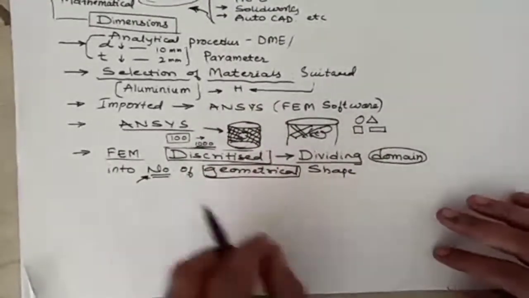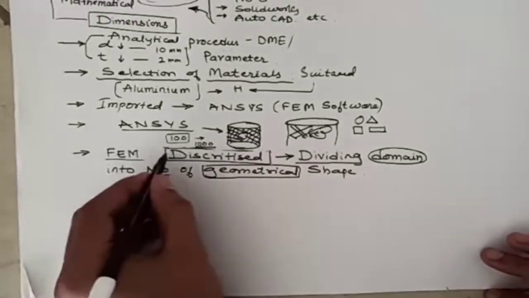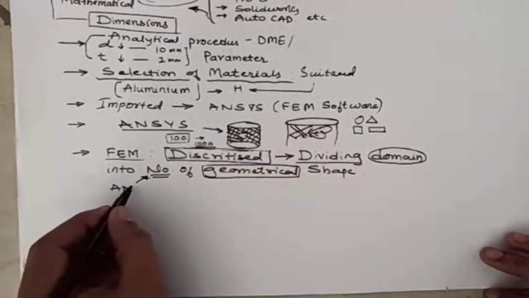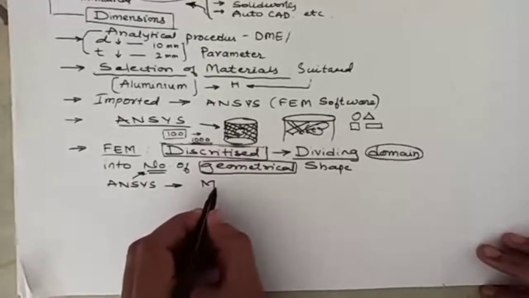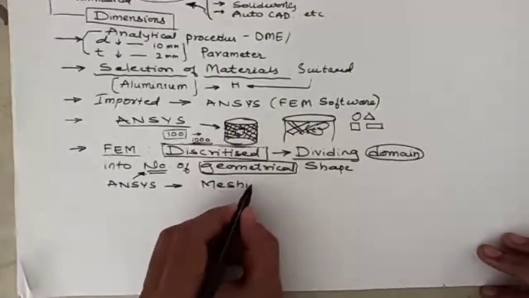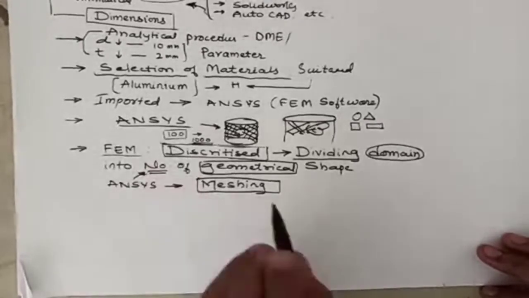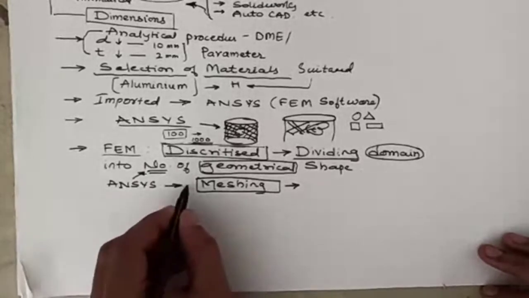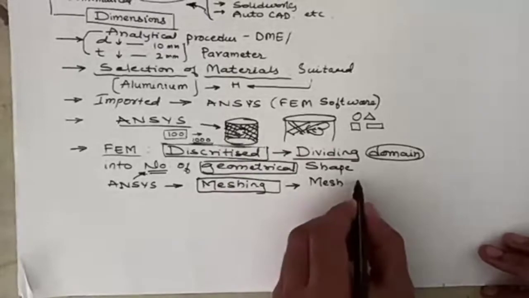Once you divide into geometrical shapes in software, in FEM we call it discretizing, and in ANSYS we call it meshing. You might have heard this word, meshing. Meshing and discretizing are similar words. Generally in ANSYS software, we call it mesh generation.